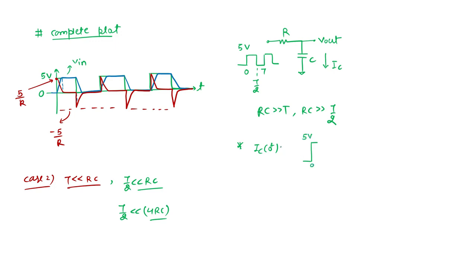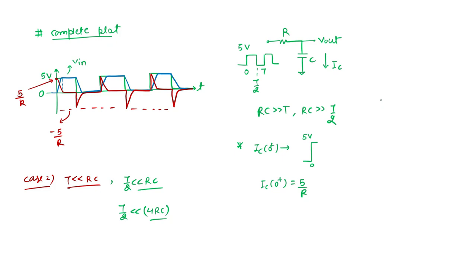Capacitor is shorted simply means i_C(0+) is 5 by R. Will my capacitor charge in this T by 2 time? No, because it is not enough time to charge. The time constant is much higher, so the settling time is also much higher, so it will not charge the capacitor fully. But it will charge to some extent.